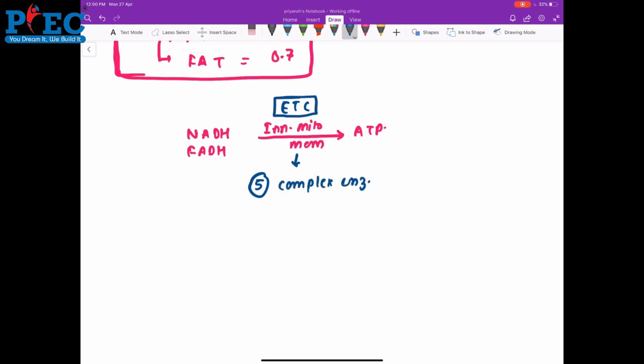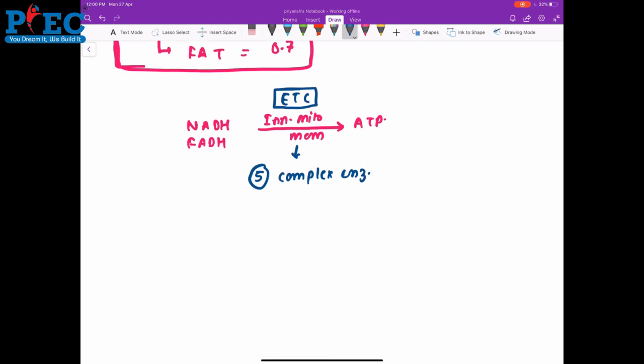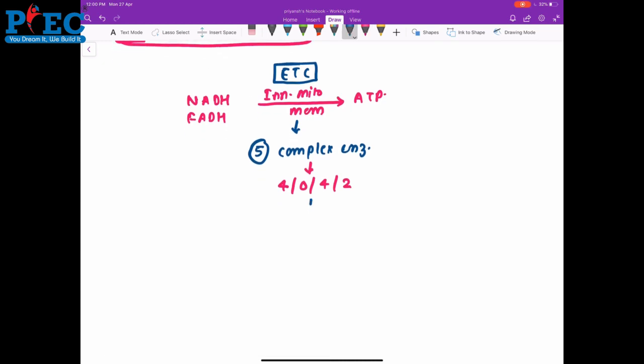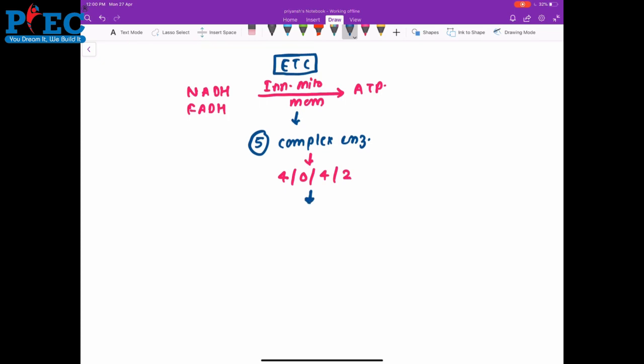Four of the complexes pump hydrogen, and we can remember how many hydrogen ions are pumped with the simple mnemonic of 4-4-2. Once the intermembrane space is loaded with hydrogen, these hydrogen ions come to the mitochondrial matrix via the tunnel of complex 5 and generate the ATP. This is what we have remembered.